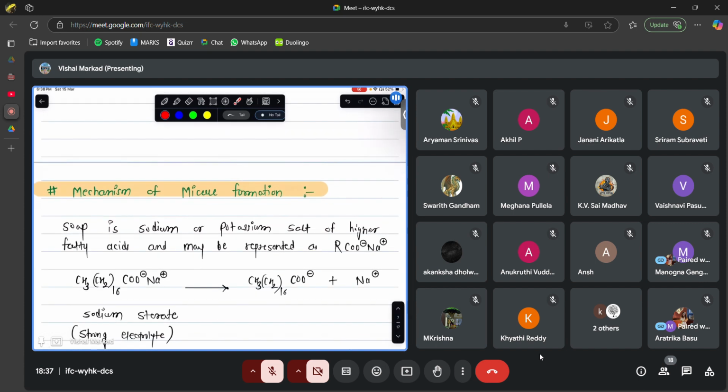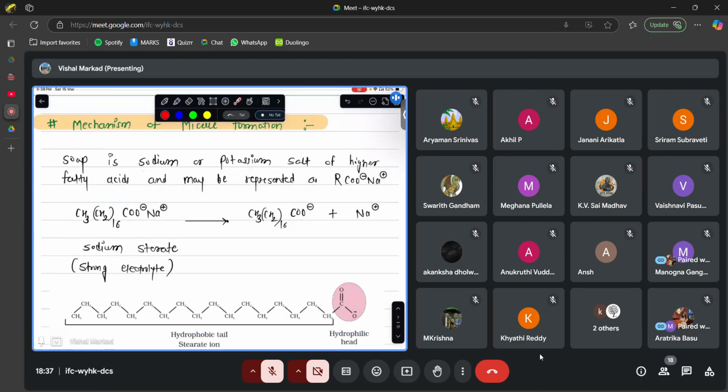Soaps are the sodium or potassium salts of higher fatty acids, salts of carboxylic acid, so RCOONa. Now this is sodium stearate, the soap formula. Now how many carbon atoms are there?